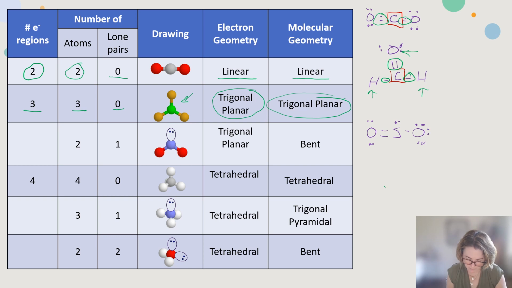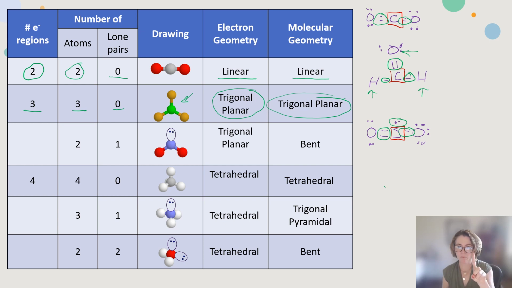All right, so around my central atom, sulfur is my central atom. And again, I want to count up the number of electron regions. So I have a double bond, I have a lone pair, and I have a single bond.